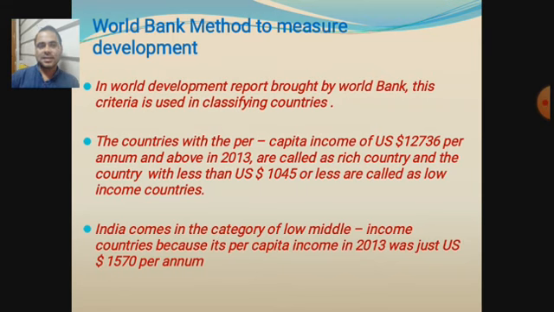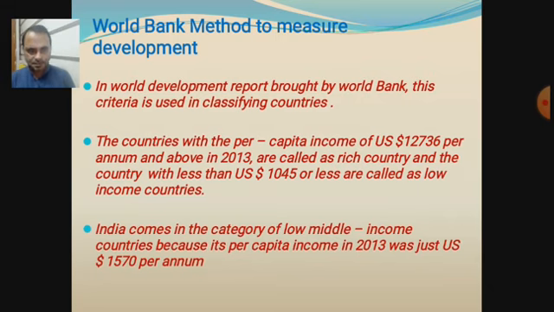In 2013, the World Bank brought out this report and methods, and it says that a person earning 12,736 US dollars per annum and above is called a developed person, or any nation earning the same amount is called a developed nation, declared as a rich country.